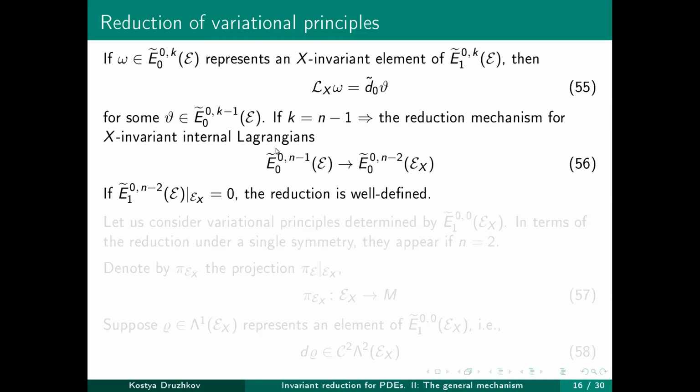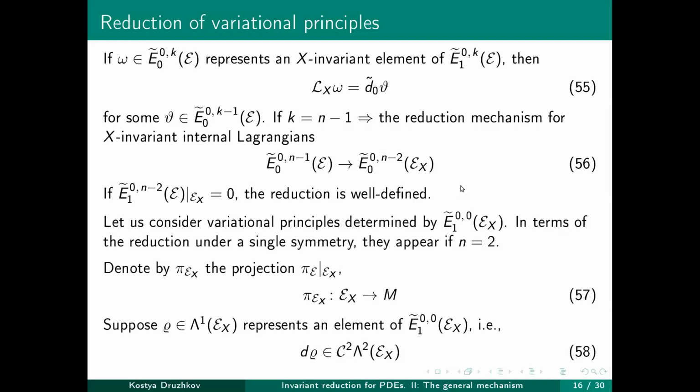But for X-invariant elements, we get the corresponding reduction mechanism, and we get something like n-2 tilde forms in terms of this weird degree. And again, if we have this technical requirement fulfilled, then the reduction is well defined. At least for normal systems, this is always the case.